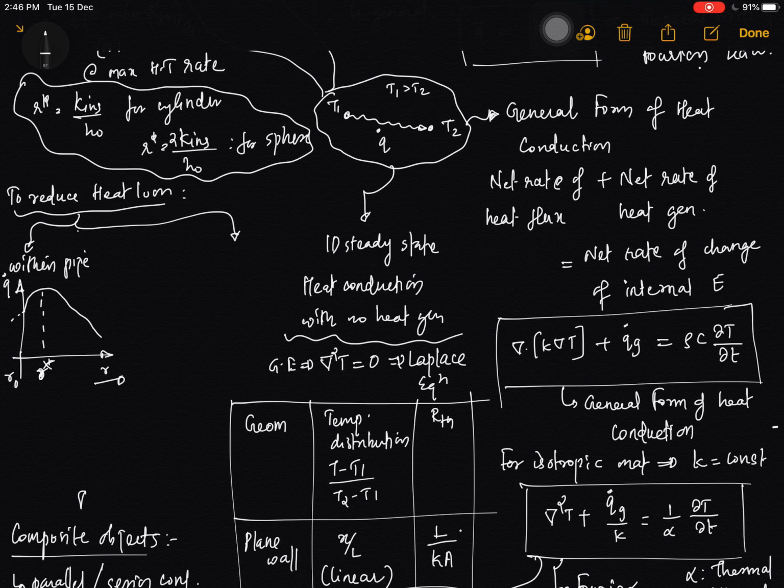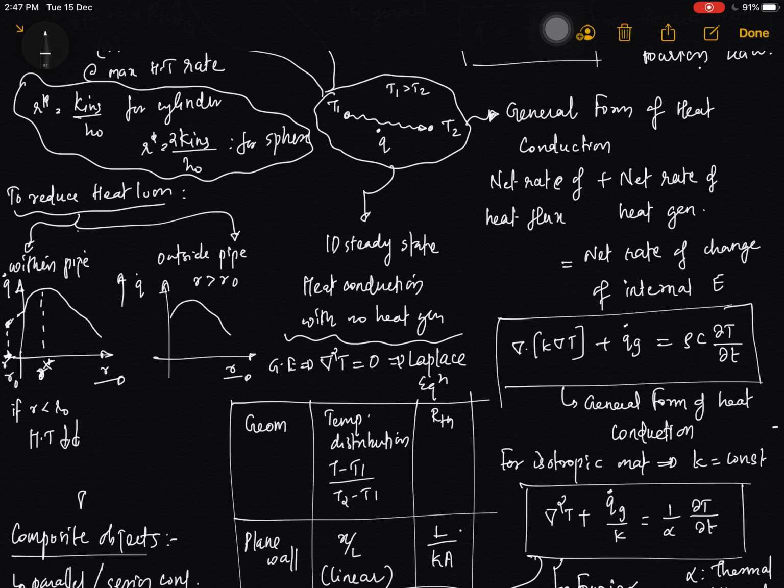If we keep the radius of the insulation less than that of the pipe, that is R less than R_o, then the heat transfer will reduce only.